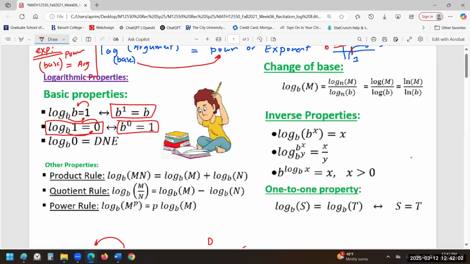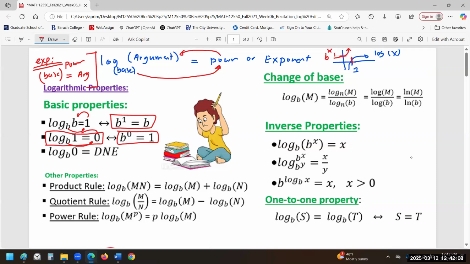The next one says log 0 doesn't exist regardless of your base. Why not? Because look here. When our x value is 0, our log never crosses the y-axis. So when our x is 0, there is no y value.